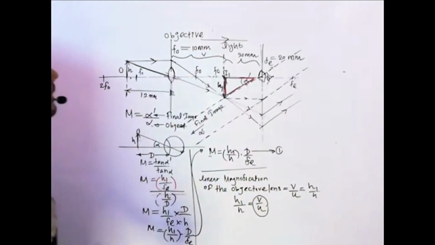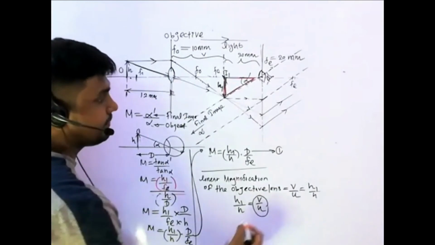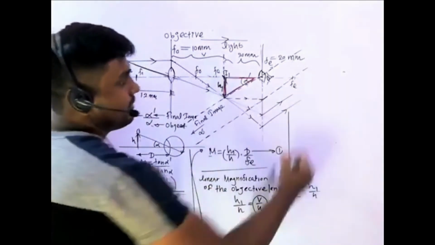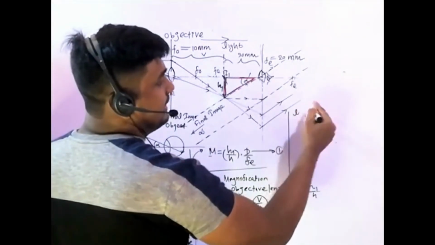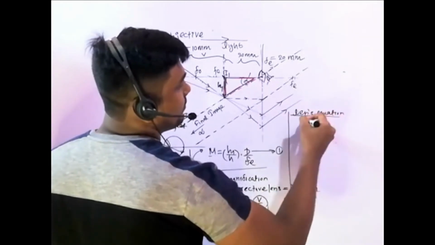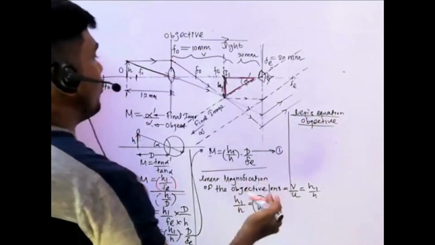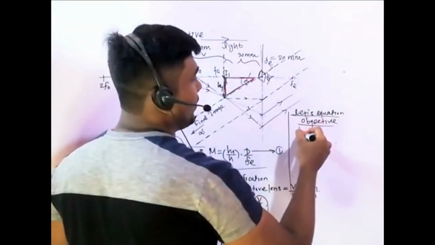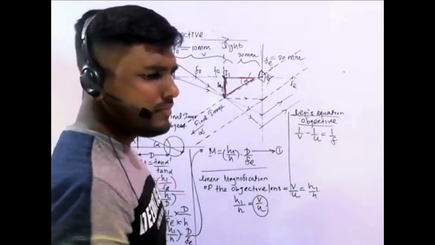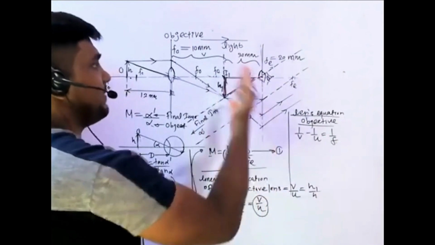I'm going to apply the lens equation for the objective lens: 1 over V minus 1 over U equals 1 over F. I apply the sign convention as I mentioned.